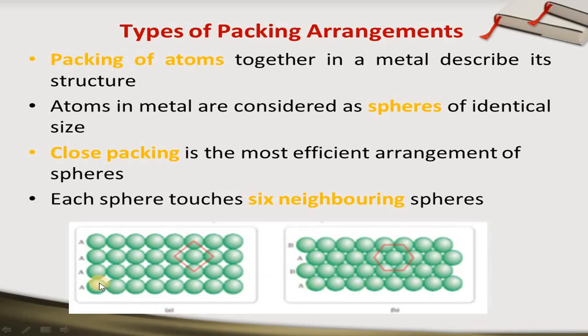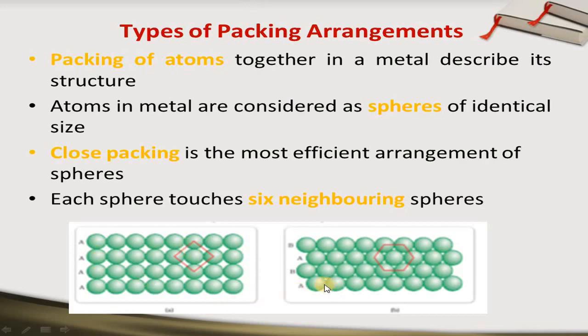In this open packing, if we have this layer of spheres and we want to place the second layer, the spheres are just placed above the spheres of the first layer, and each sphere is further linked with 4 spheres, having a lot of spaces between them.